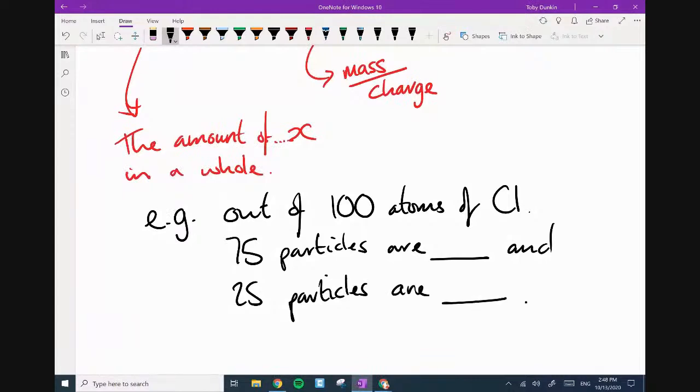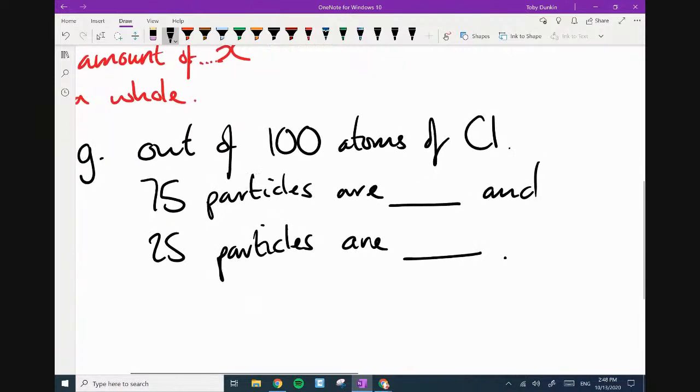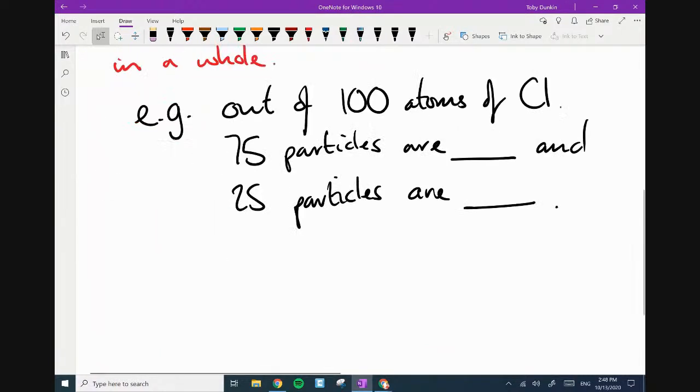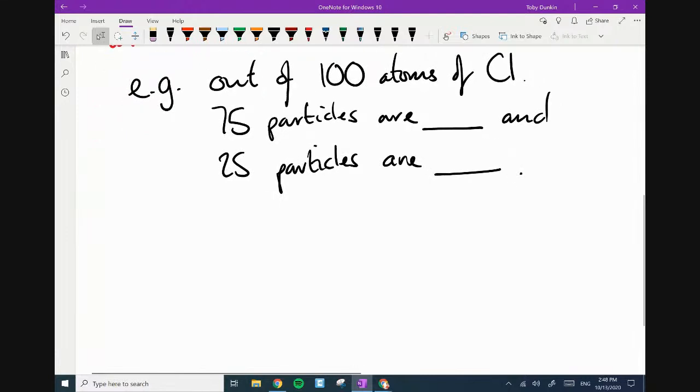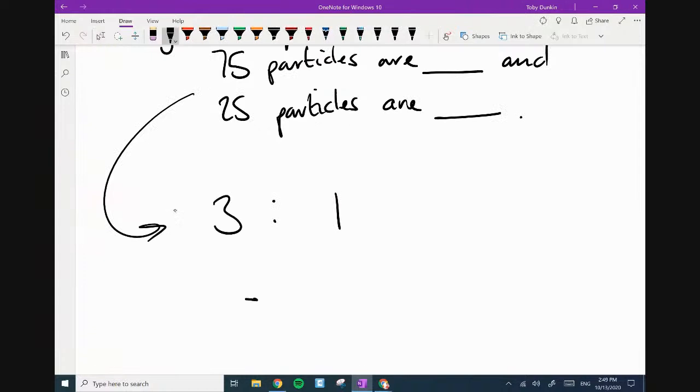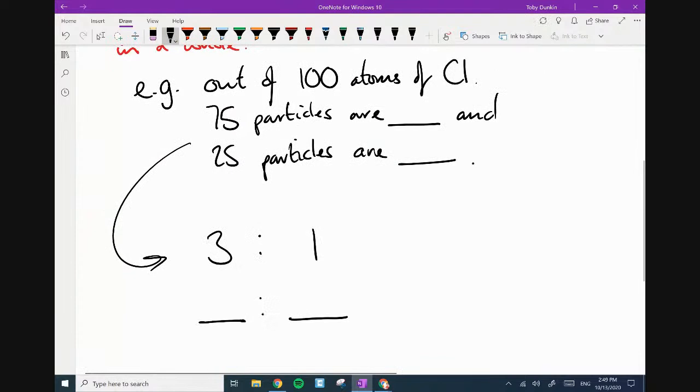I'm going to ask Anch this one: the 75 particles, who's it going to be? And then I'm going to ask Harry, who's going to be the 25 particles in the chlorine example. I'll then put that into a ratio, which is commonly 3 to 1, and then we have the people who they are underneath. I wonder if people can remember who those people are.